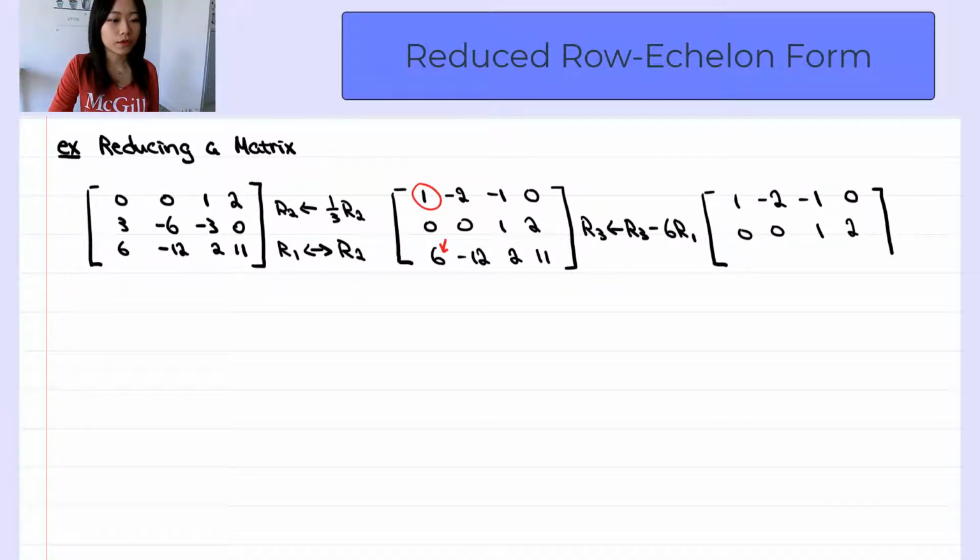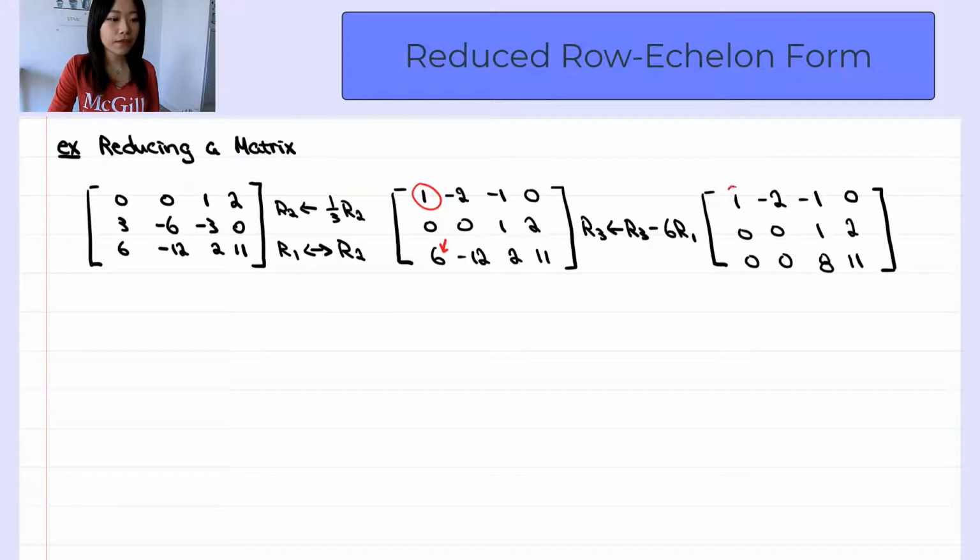The first two rows remain the same, and the third row is 0. Then -12 minus 6 times -2, that is also 0. Then 2 minus 6 times -1, that is 8. And the last entry is 11 minus 6 times 0, so that is 11.